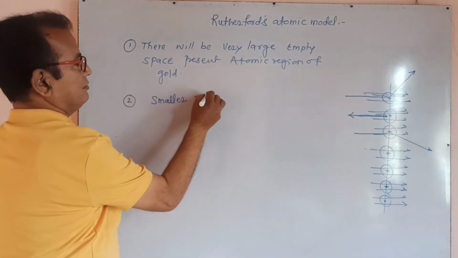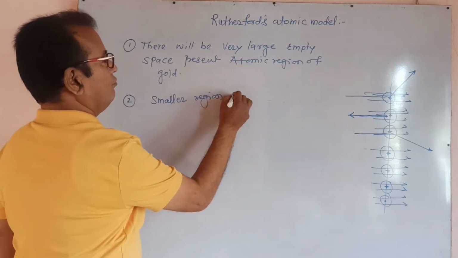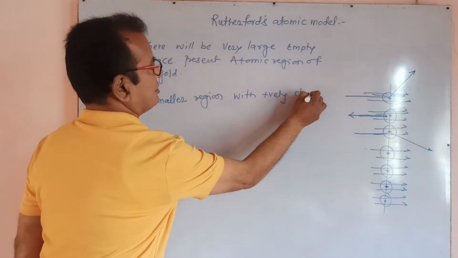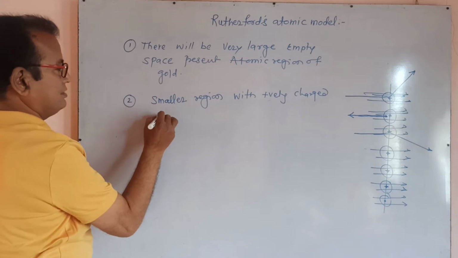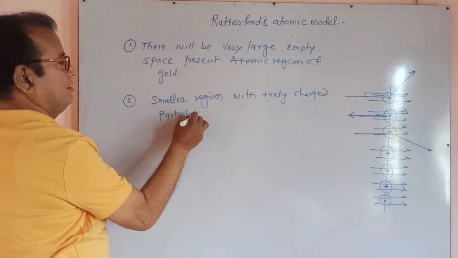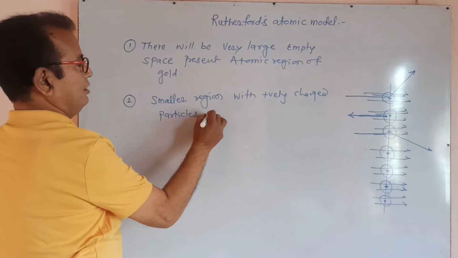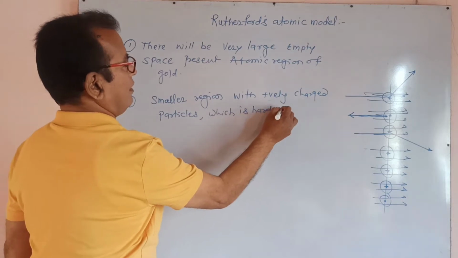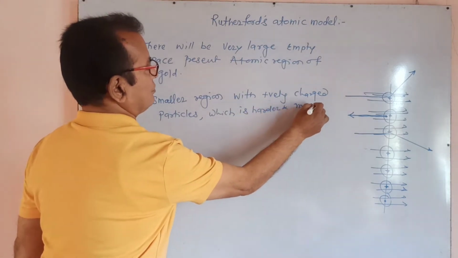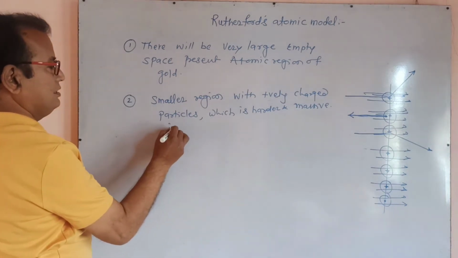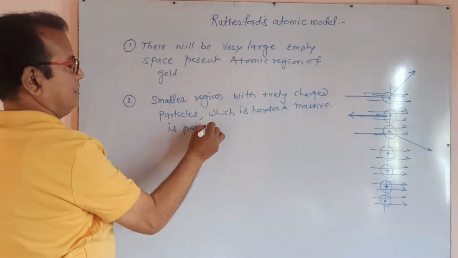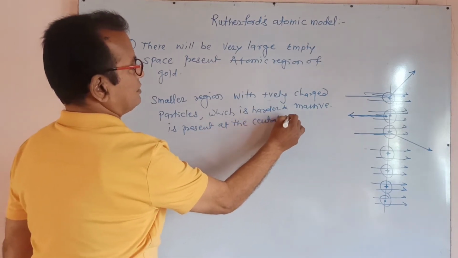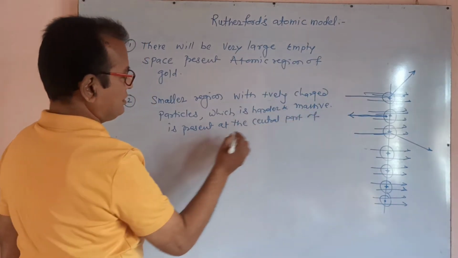A smaller region with positively charged particles, which is harder and massive, is present at the central part of the considered region.